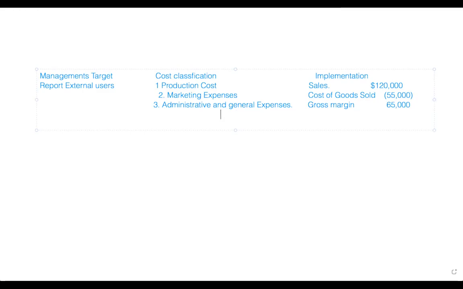And then we can deduct the operational expenses, right? So less marketing expenses, probably around 25,000.